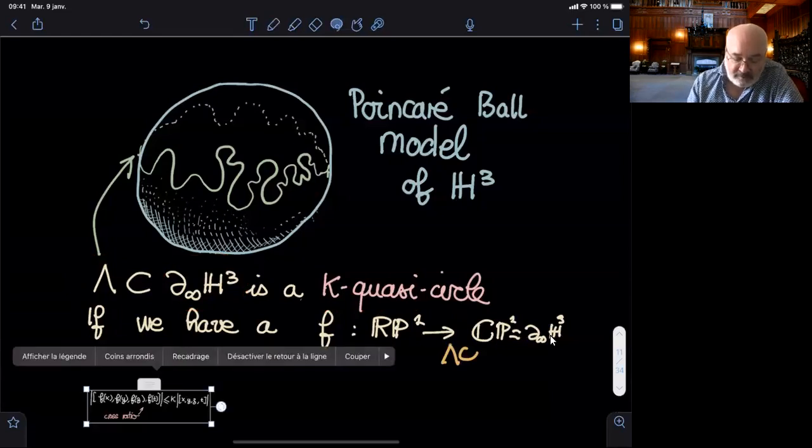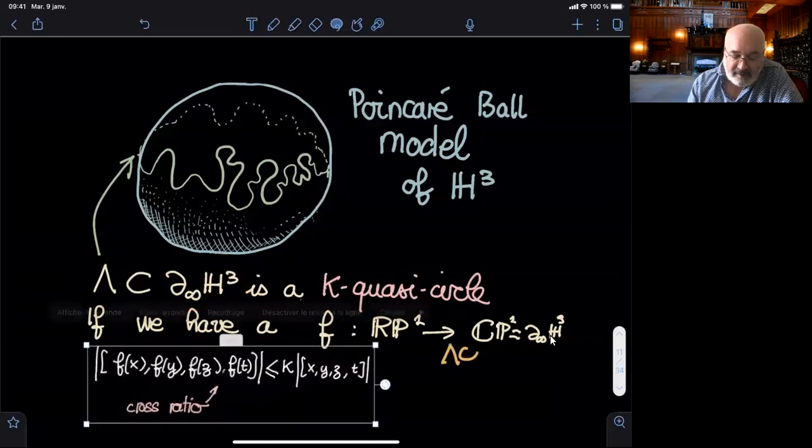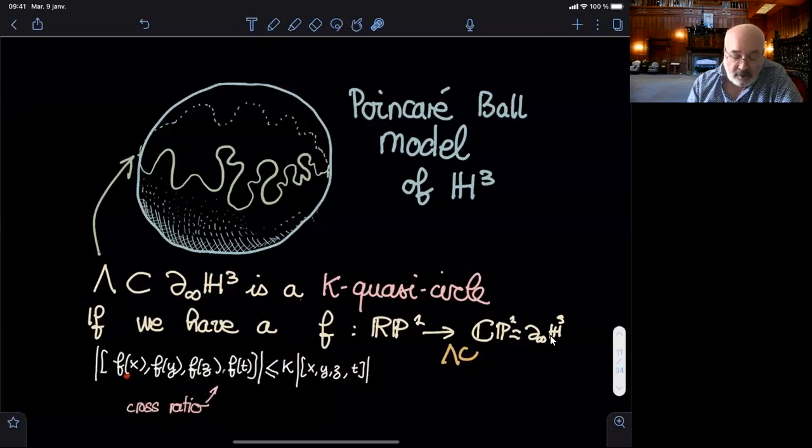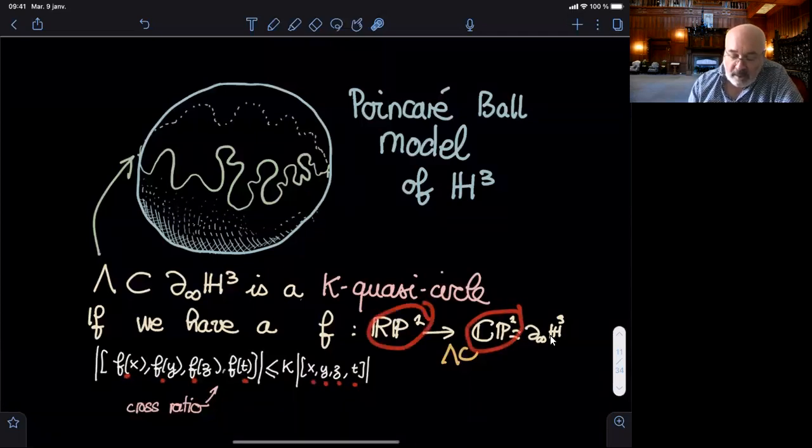So this property is written here. It is to say that if you take the image of 4 points, you can compare the cross ratio of these 4 points in CP1 and the cross ratio of these 4 points in RP1. And it is just related by this constant K. Okay.